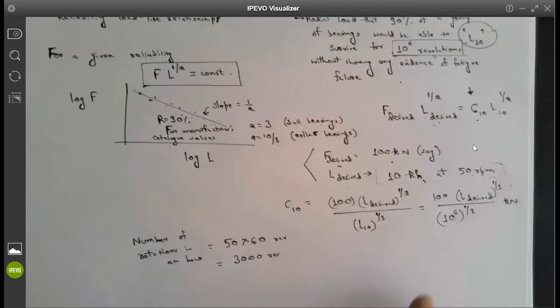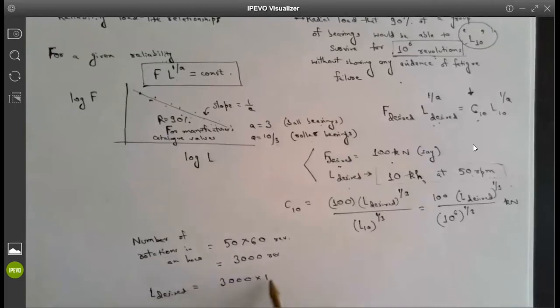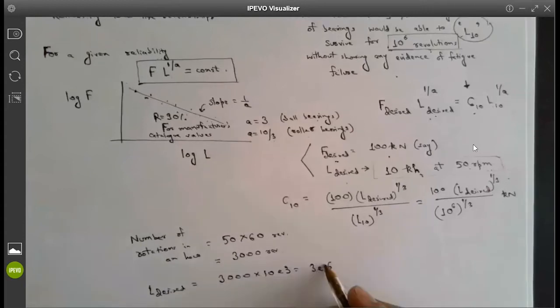Everybody is with me on that part? And how many hours do you need to run this bearing? 10,000 hours. So the total number of revolutions in 10,000 hours is 3,000 times 10,000 hours. So it becomes 3E7 revolutions.